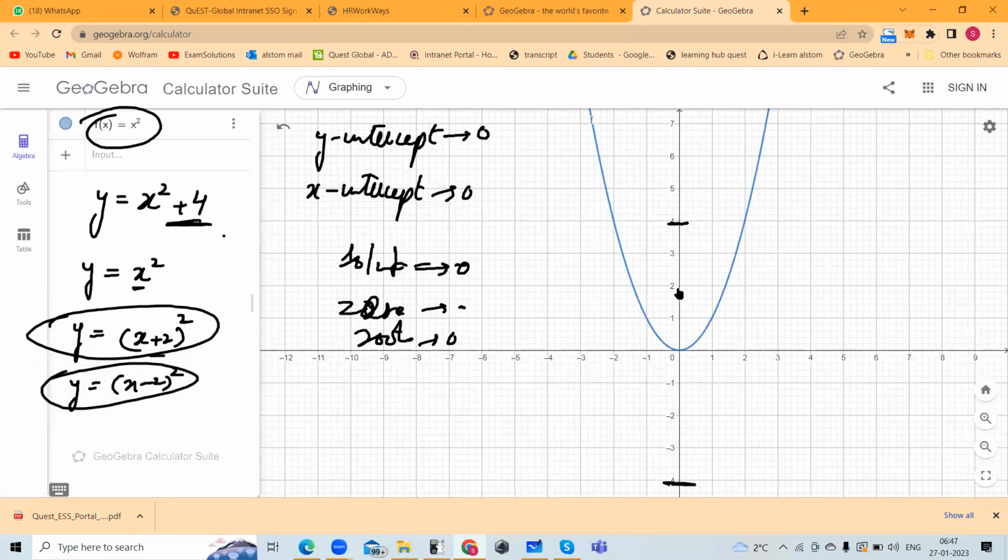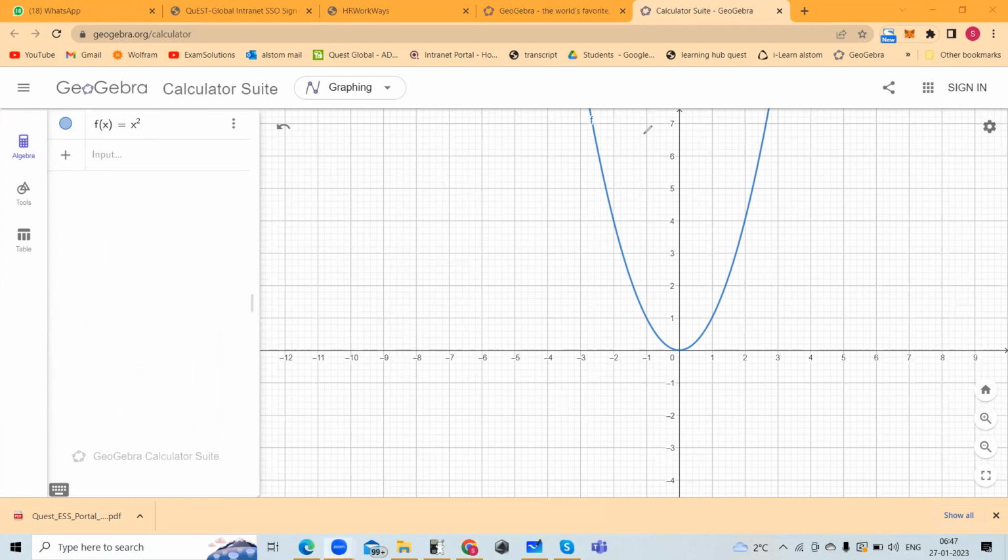Now, if you have y equals x squared and you want to know the equation of the parabola, this point, which is the minimum point of the parabola here, is called the vertex.